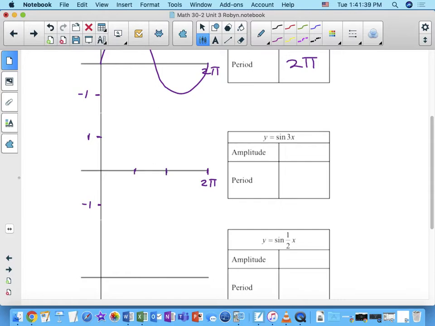When you're drawing these, the faster you do it, the better it comes out. So 3 periods happened within 2 pi. Let me go 1, 2, 3. This one should be a little lower.